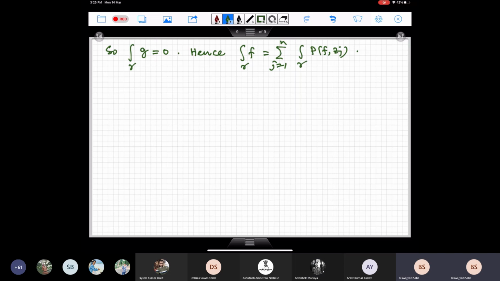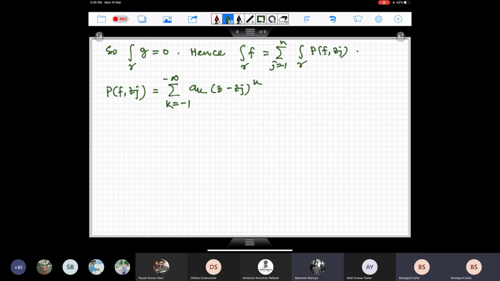Now what is this integral? Let's write down the principal part of f at zj. It looks like the sum starting from k equal to minus infinity up to minus 1 of ak (z minus zj) to the power k.